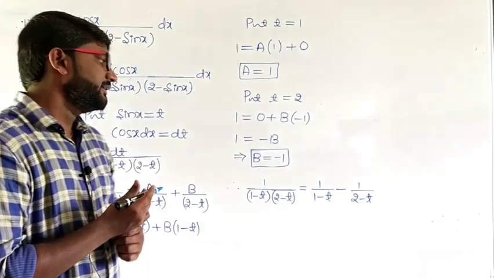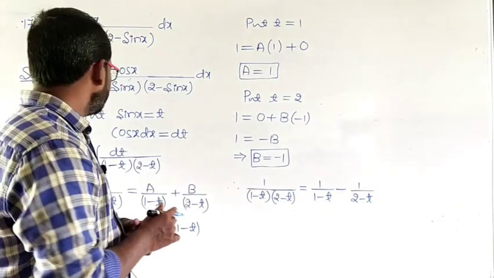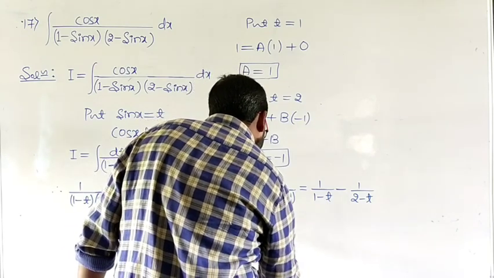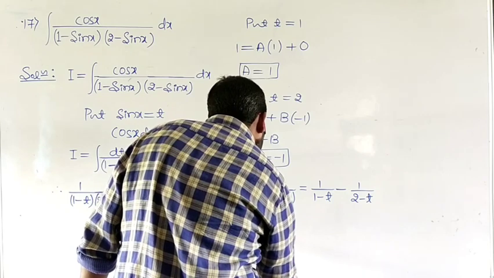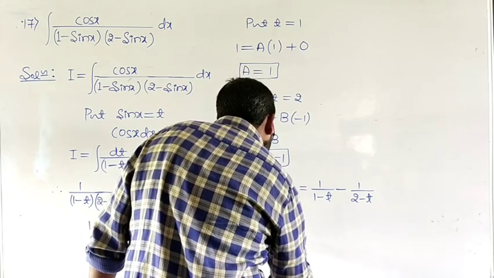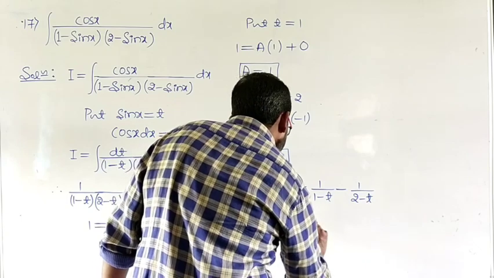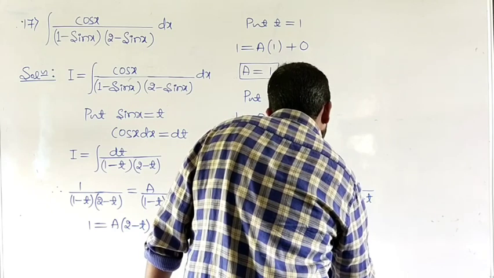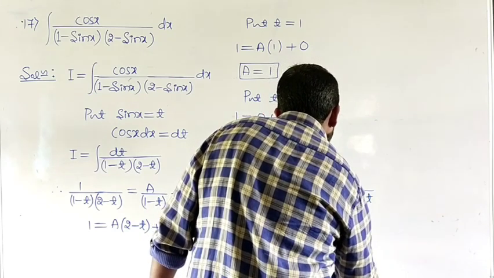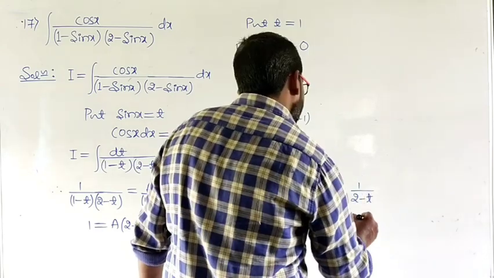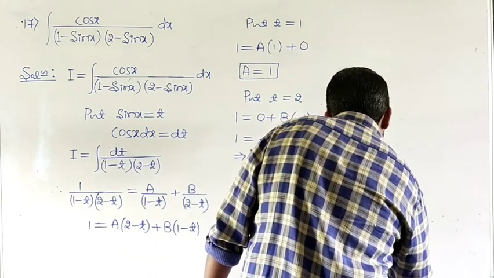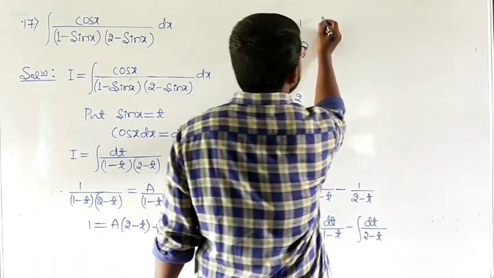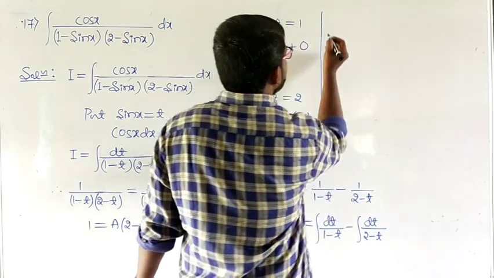So now let us integrate both the sides. So here integral dt by 1 minus t into 2 minus t, which is equal to integration dt divided by 1 minus t minus integration dt divided by 2 minus t. So let us go ahead with this.